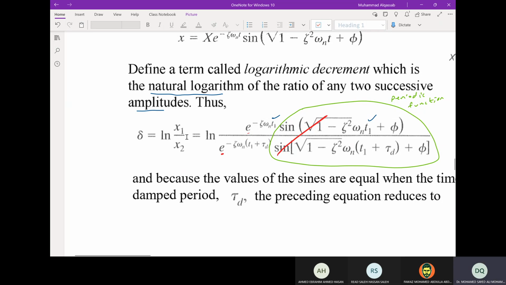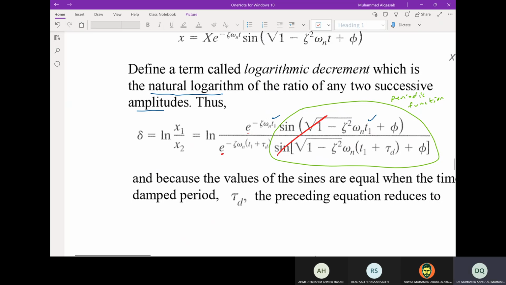So if you have a measured vibration wave, you can take x1 and x2 as the amplitudes of two consecutive, or successive, amplitudes. The two amplitudes have to be separated by a period of oscillation.